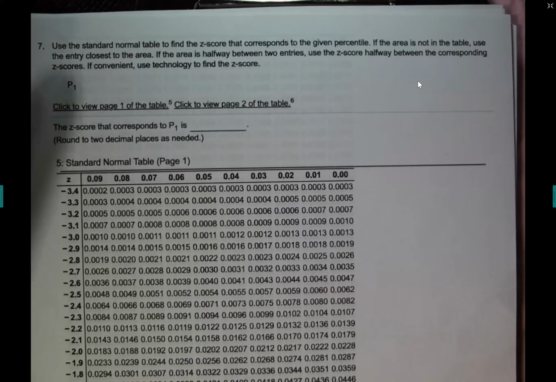Number 7. Okay, he says use a standard normal table. We're just going to use technology, actually. Okay, the z-score that corresponds to P1. And let me tell you what P1 means. P1 means the first percentile, means 1%.